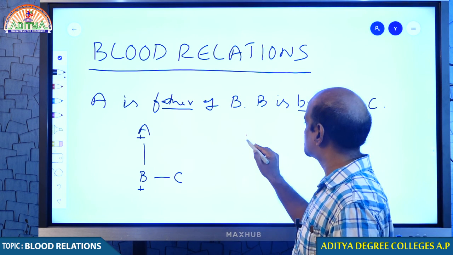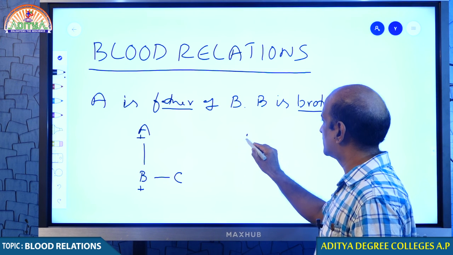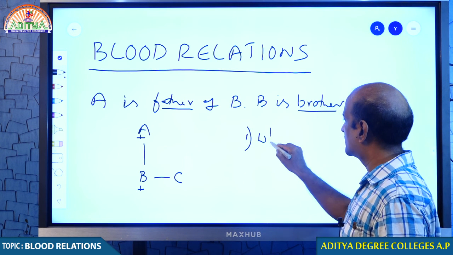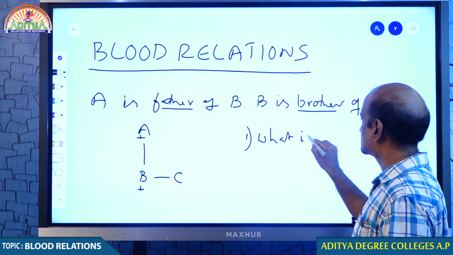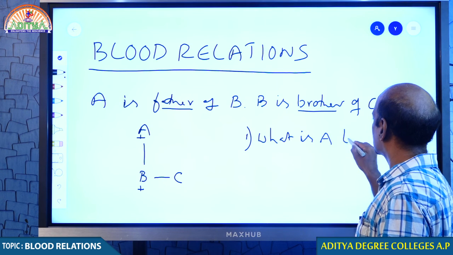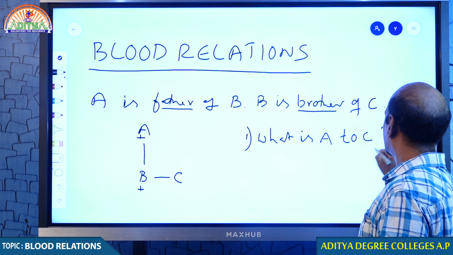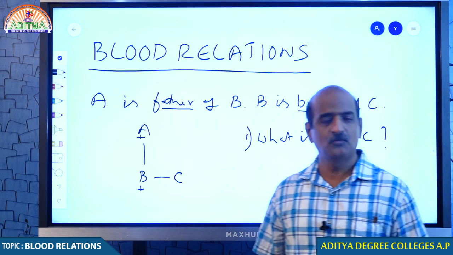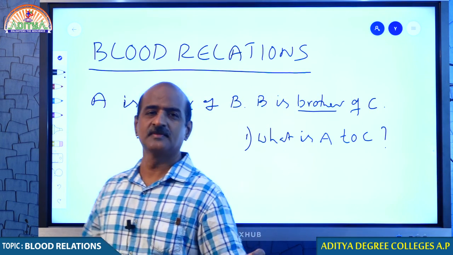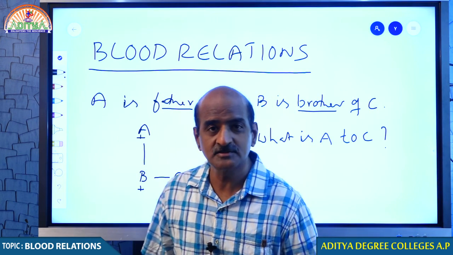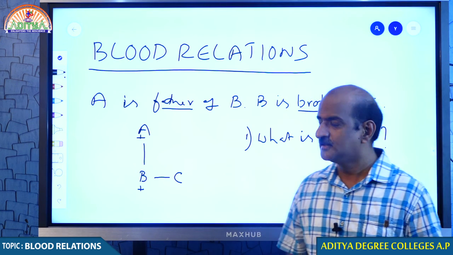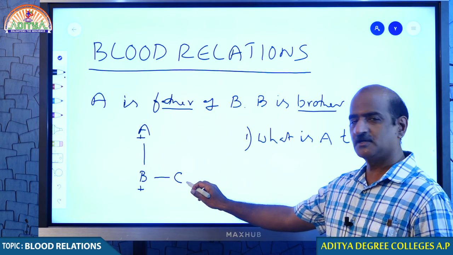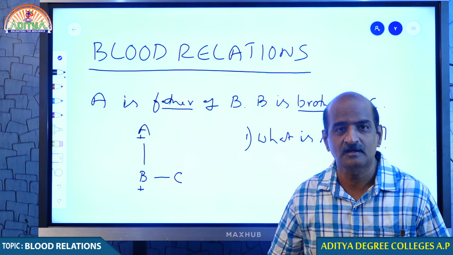If my question to you, based on this information, is what is A to C? Come on students, if I say what is A to C, can you answer this question? Do you think that C's gender is not known, therefore we cannot answer?